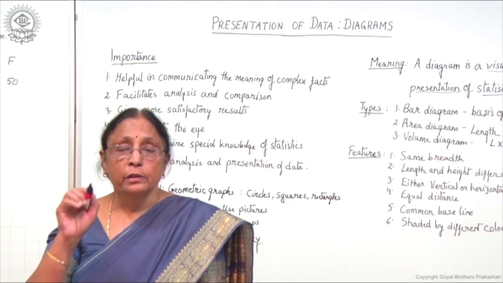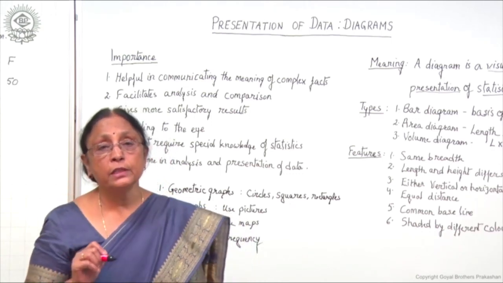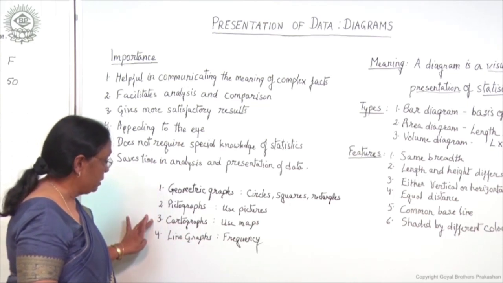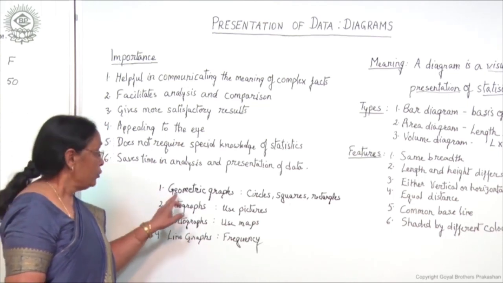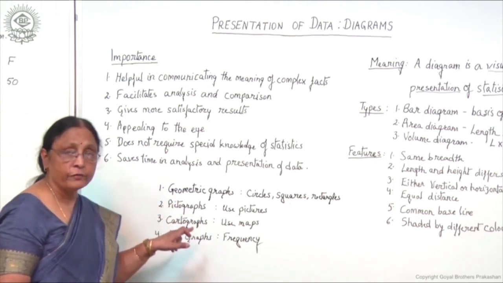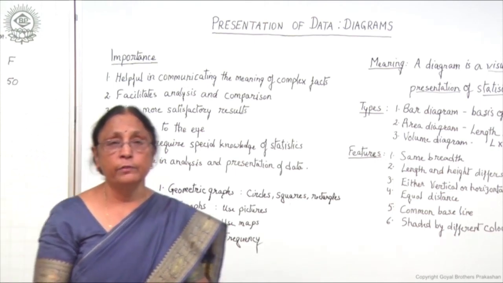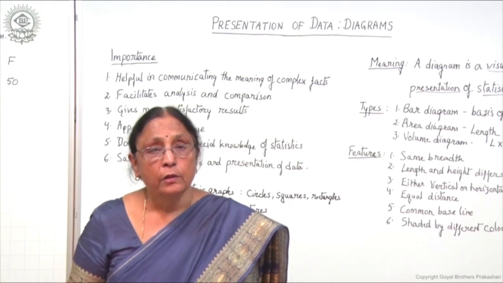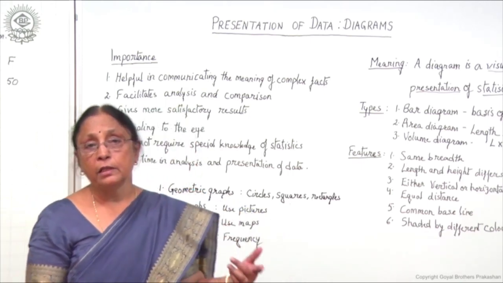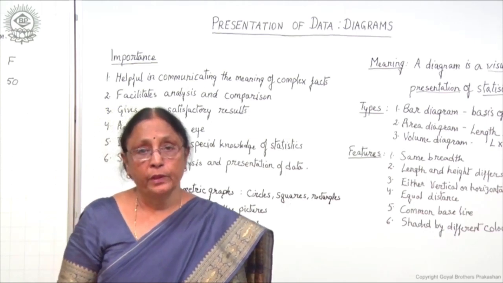In the map the details are given. This is known as cartograph, right. So, these are three types of showing data: geometric, pictograph and cartograph. Pictograph and cartograph we are not concerned with because they are not in your syllabus. We are dealing with only geometric graphs, that is rectangles or pie diagram, right.